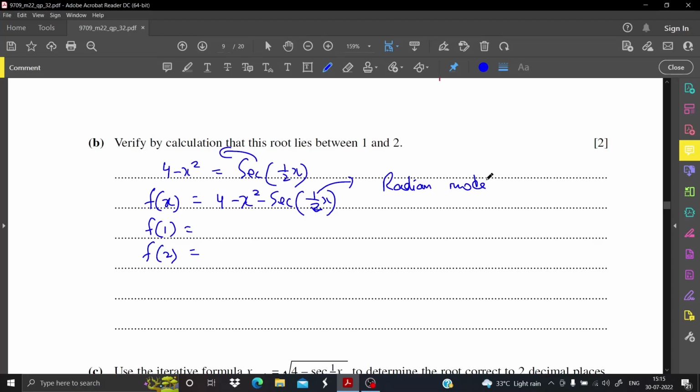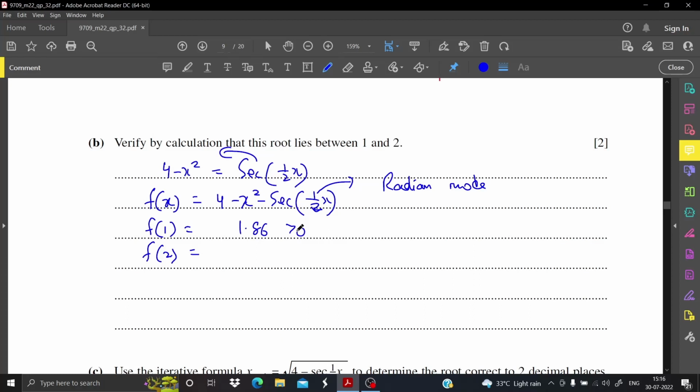Type 1 in the numerator and in the denominator put cos of 0.5 times x. In this case, x is 1, so it will be 0.5 times 1, which is 0.5. So I'm getting 1.86, which is positive.